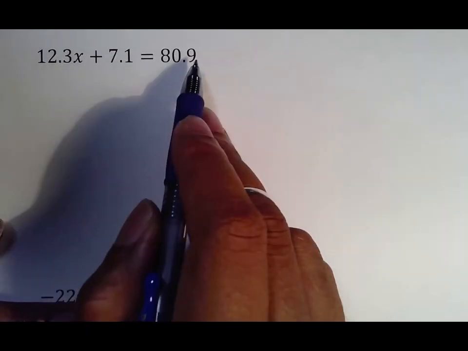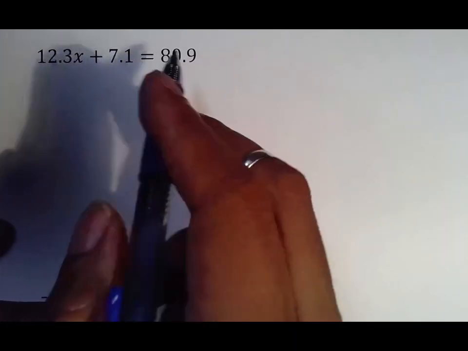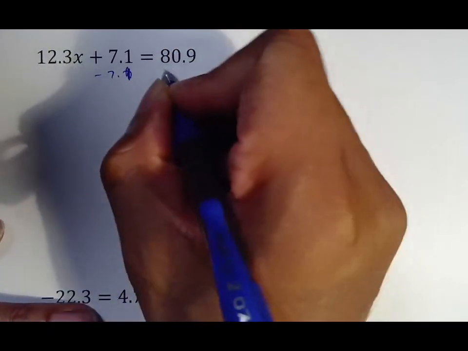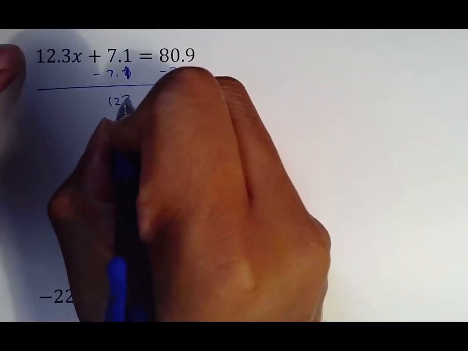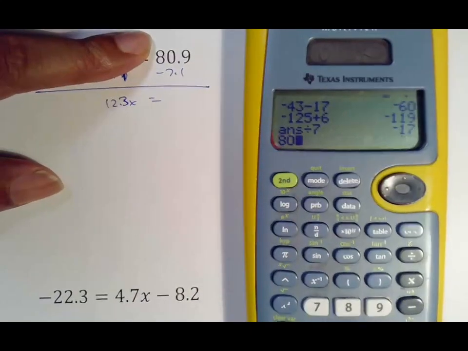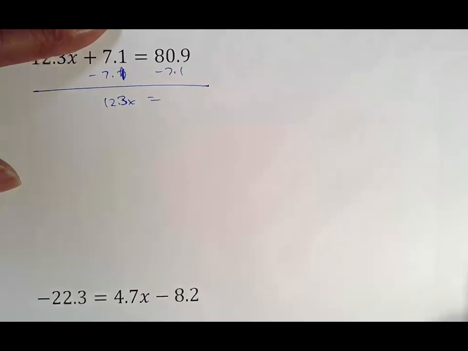12.3x plus 7.1 equals 80.9. So what? We have decimals. You're going to still move that number. So all you have to do is make that number negative. So minus 7.1, minus 7.1. Bring down exactly what's over here. So 12.3x equals, and then type it in. So 80.9 minus 7.1 is 73.8.